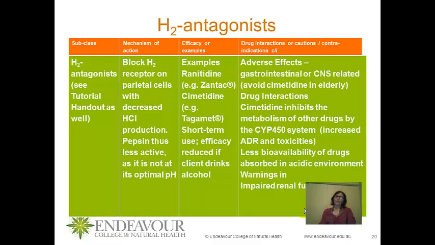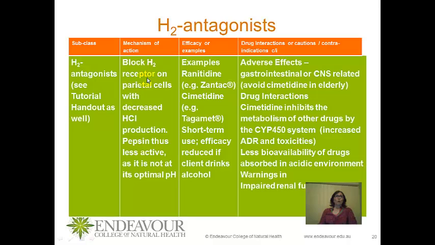It will affect the absorption of many drugs. So then the next class or subclass of drugs used to treat PUD and GORD, the H2 antagonists. Their particular target in the body is a receptor for histamine, but of the H2 type. This type of receptor is found on parietal cells, the cells that are actively secreting hydrogen ions and chloride ions.